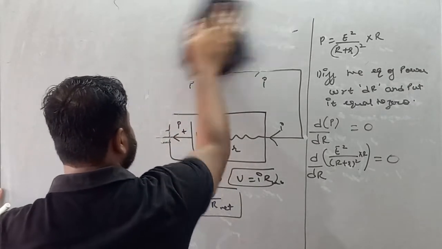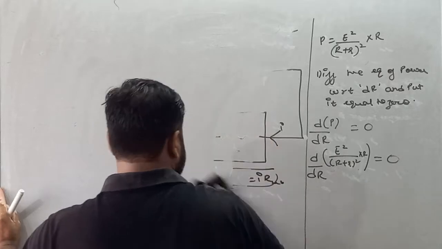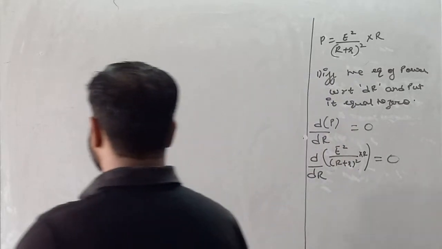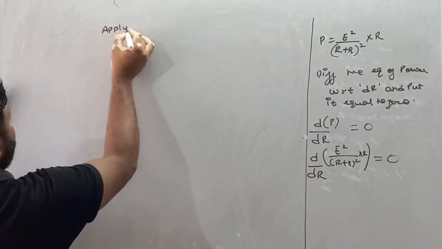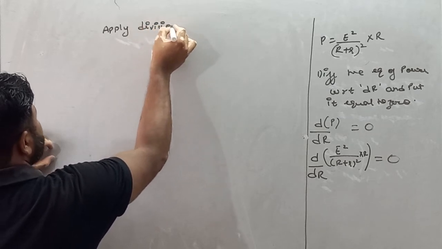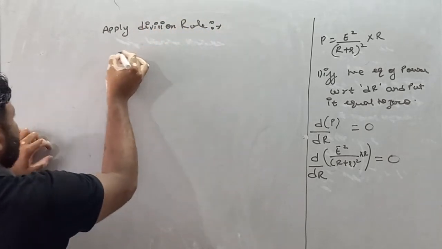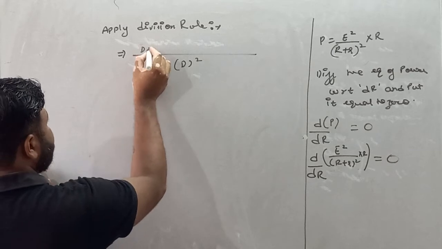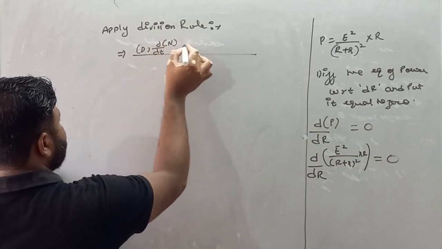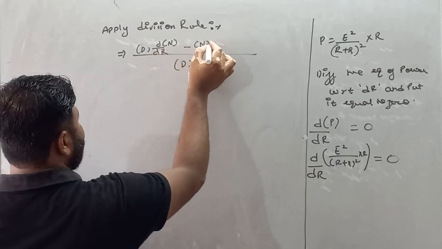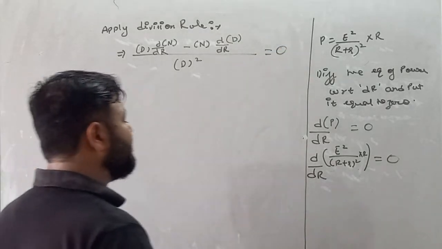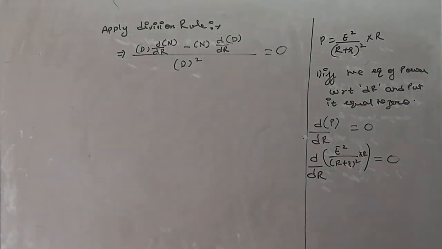The division rule is: denominator squared, then denominator as it is times the differentiation of the numerator, minus numerator as it is times the differentiation of the denominator, and put it equal to 0, because we are finding the condition for the maximum power transfer theorem.